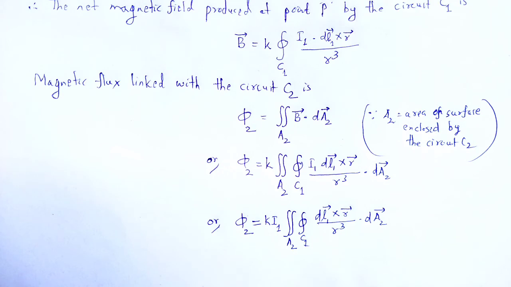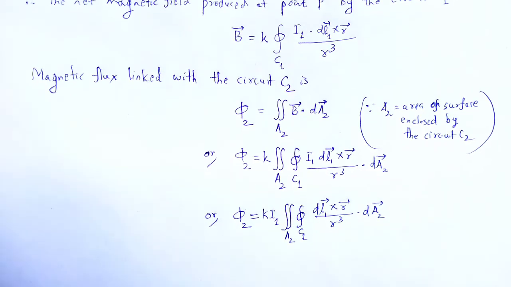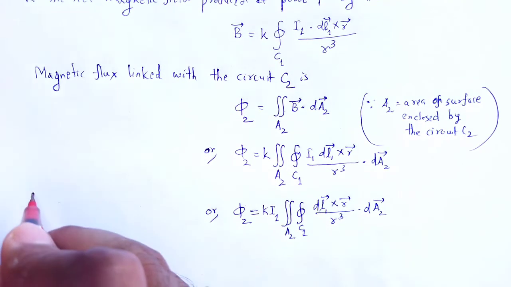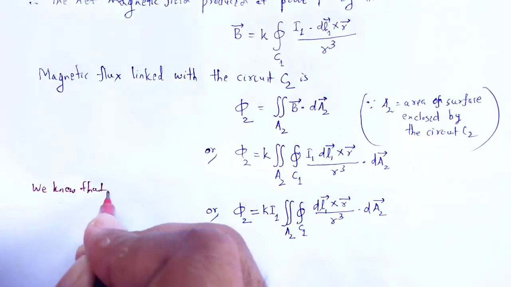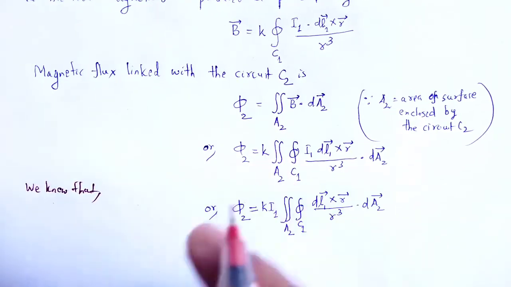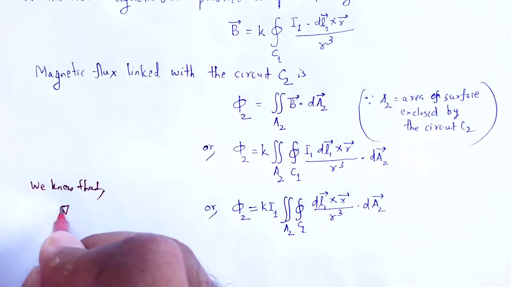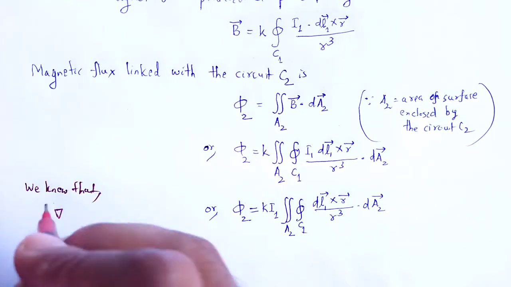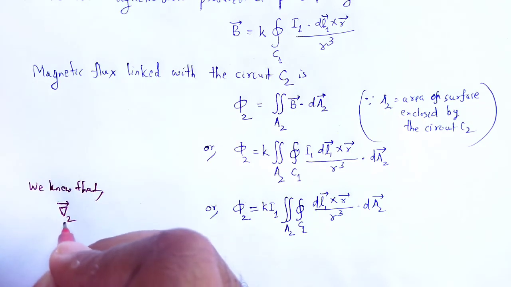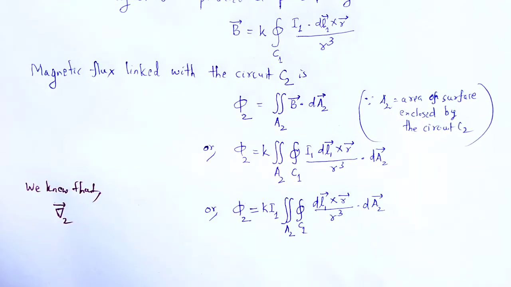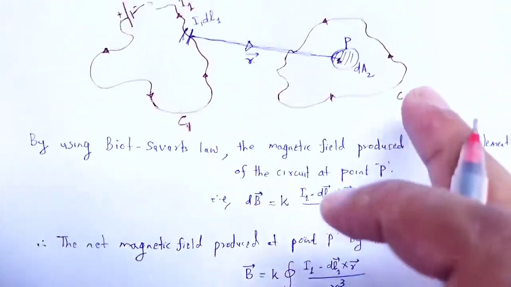Here we use the concept, as we know that the gradient of, here I use grad 2, do not be confused, grad 2 for that of circuit C2.